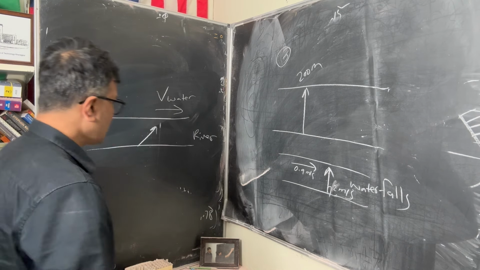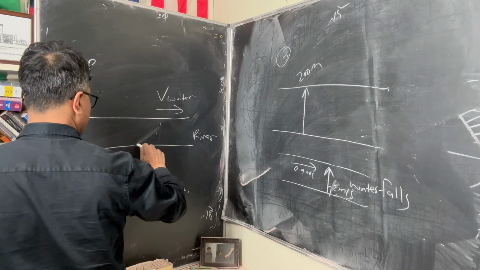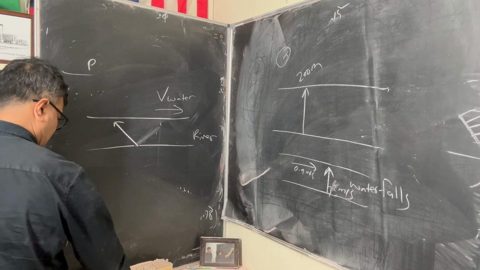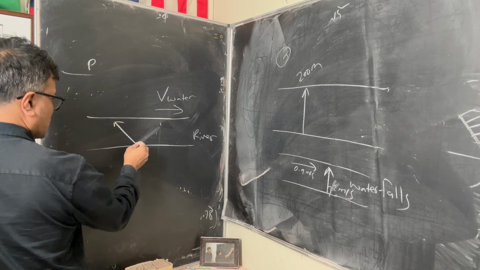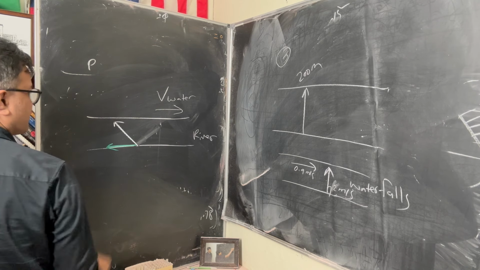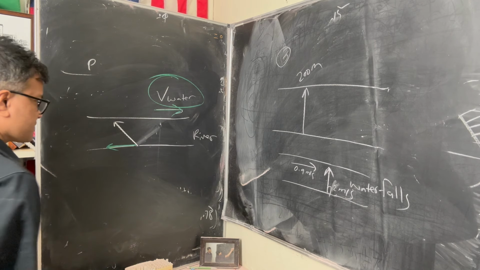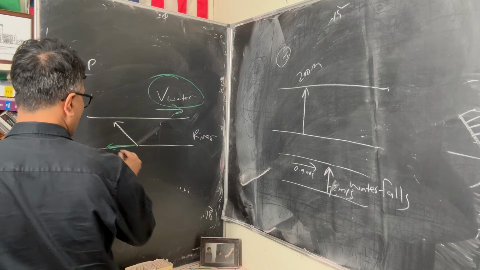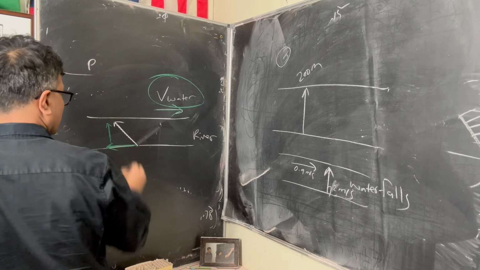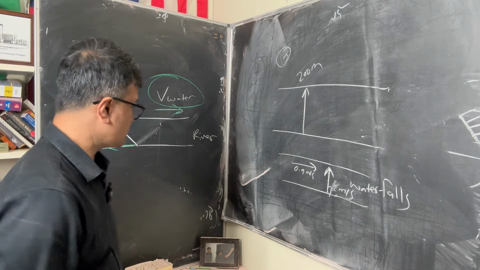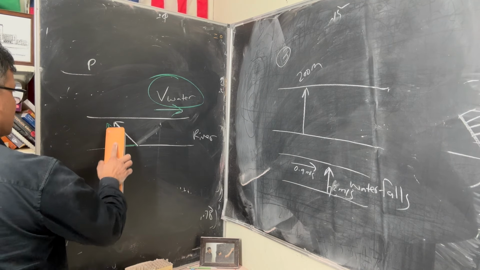So he has to swim upstream. So the Vx component of his velocity is going to cancel with the velocity of the water, and the Vy component of his velocity will survive and take him home. That's it. So that's the story.